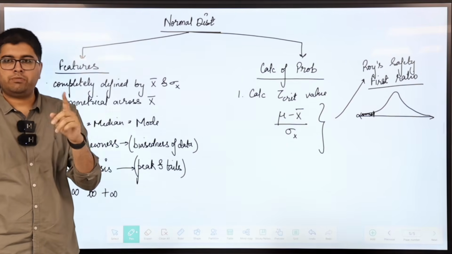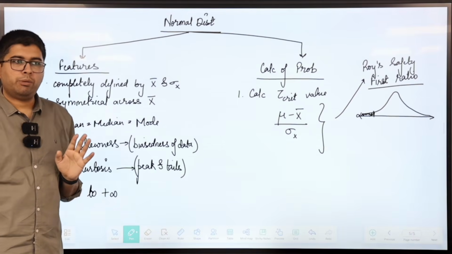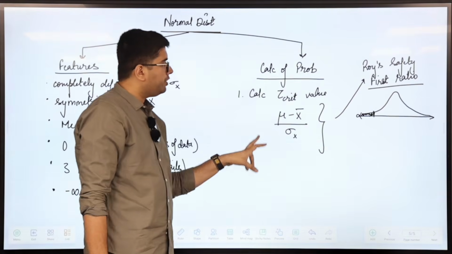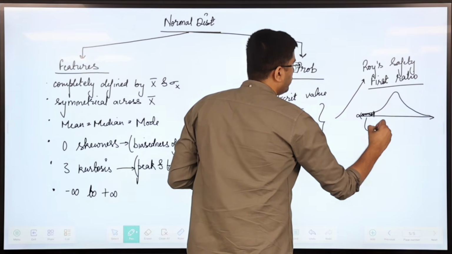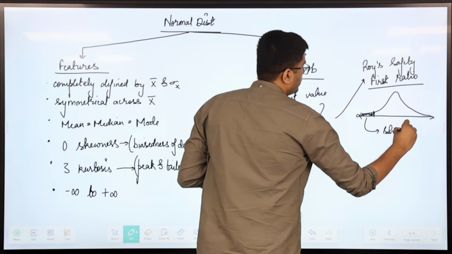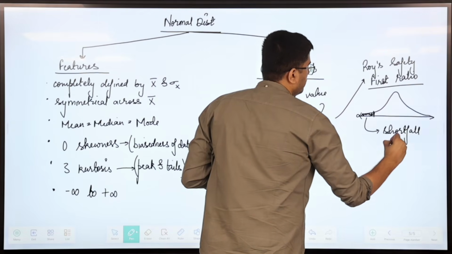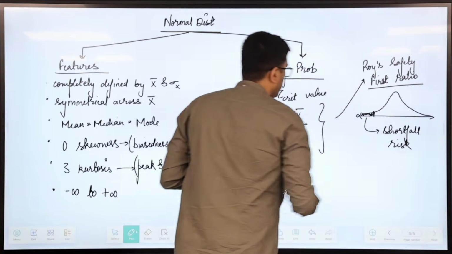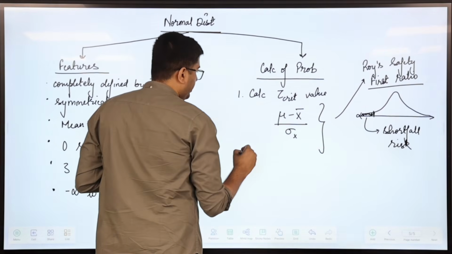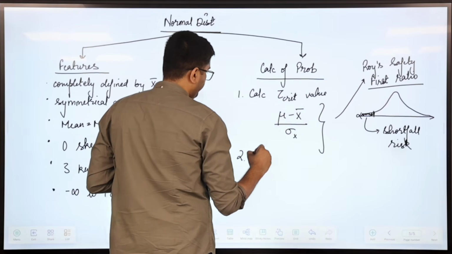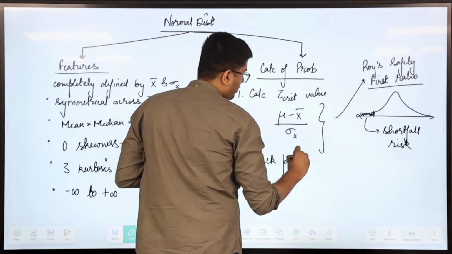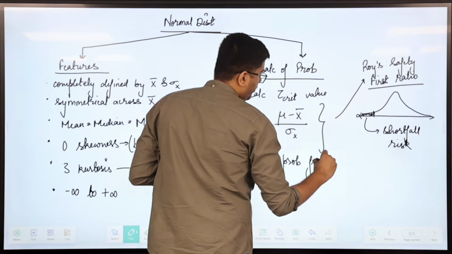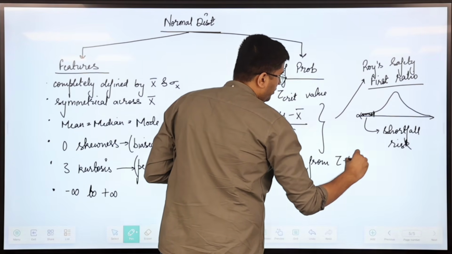And once we have the distance, we look at the Z table to calculate probability. The application of these two steps is Roy's safety first ratio and shortfall risk. So this probability is what we call shortfall risk. So calculate Z critical value, and second is check probability from Z table.